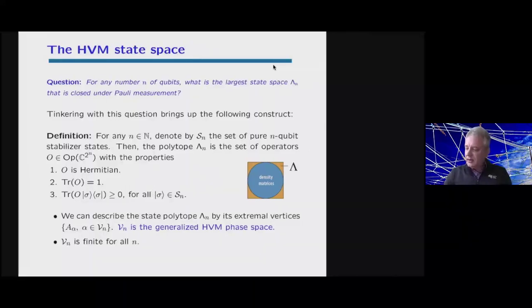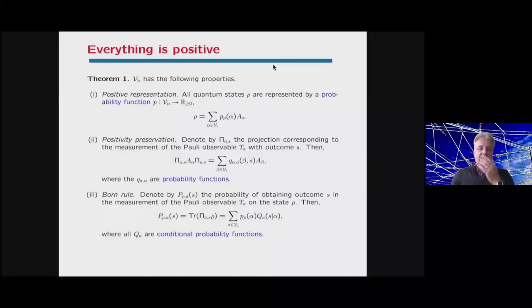Good. Okay, so now here is the main theorem. Everything is positive. So this applies to the states. Quantum states are positively represented by probability distributions over these extreme points. Positivity is preserved on the measurement, and also the Born rule is positively represented.